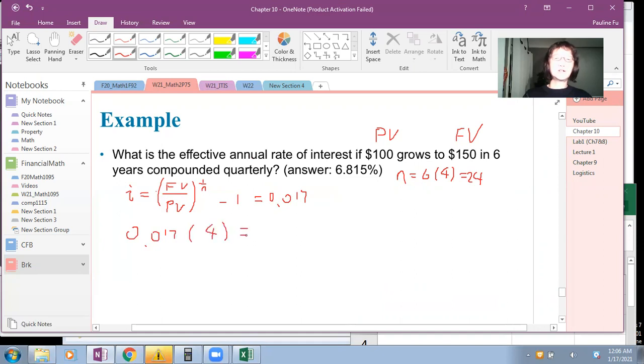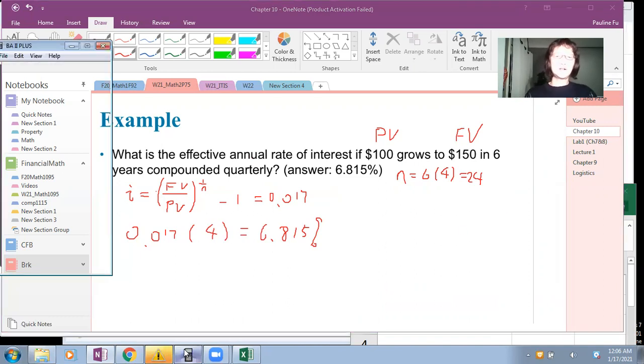And again, you get 6.815%. So this is the formula method.